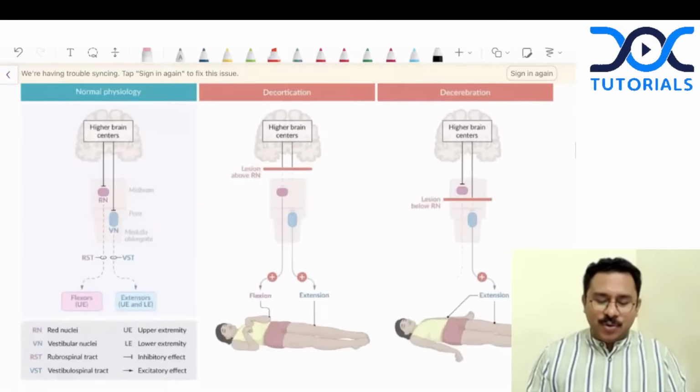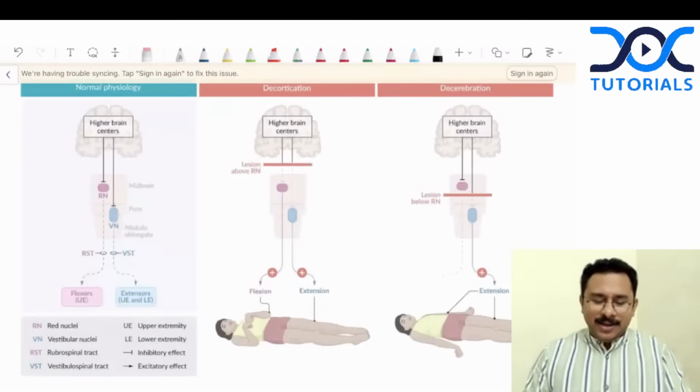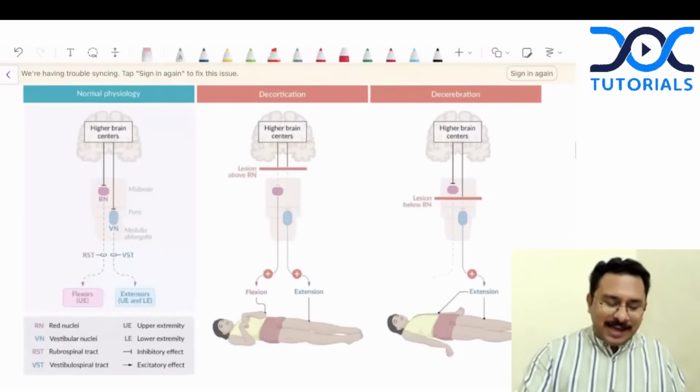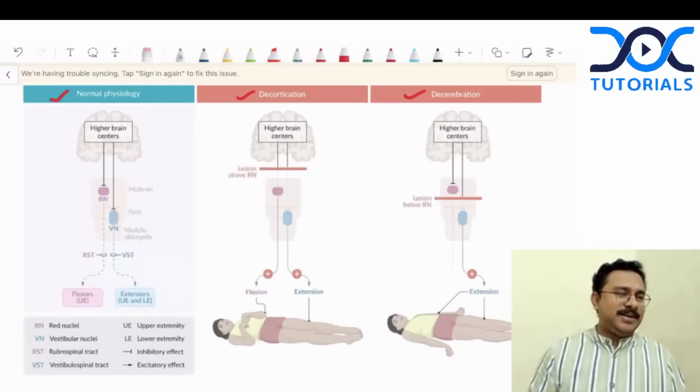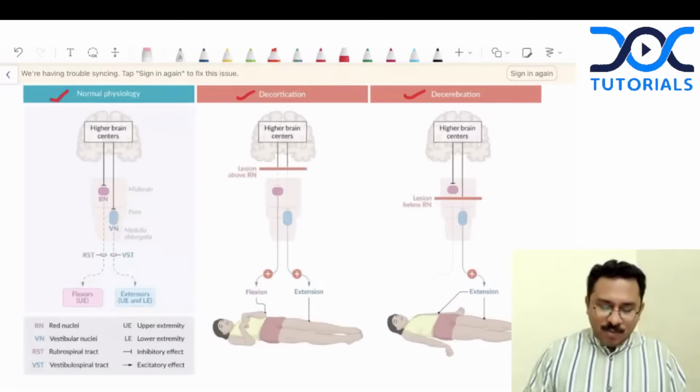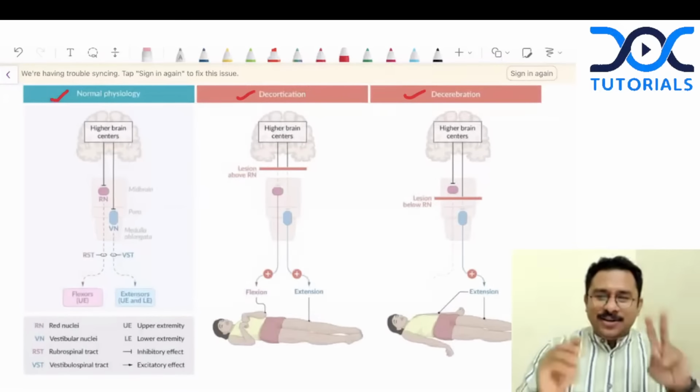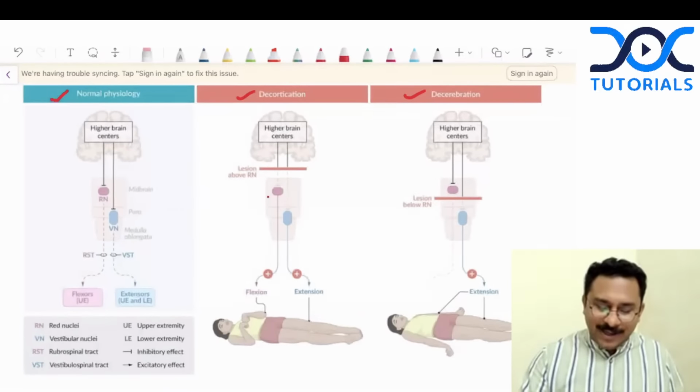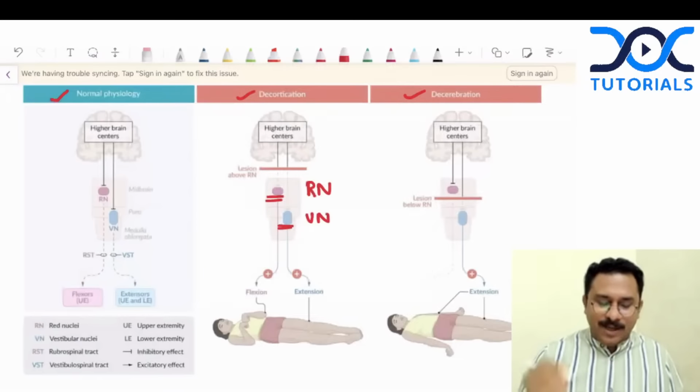Simple. I'm going to show you a picture. Look at this. This picture is having normal physiology, decorticate rigidity, decerebrate rigidity. Now, what you should understand is that 2 important structures, one in the midbrain, which is your red nucleus, RN, and one in your medulla, which is the vestibular nucleus.